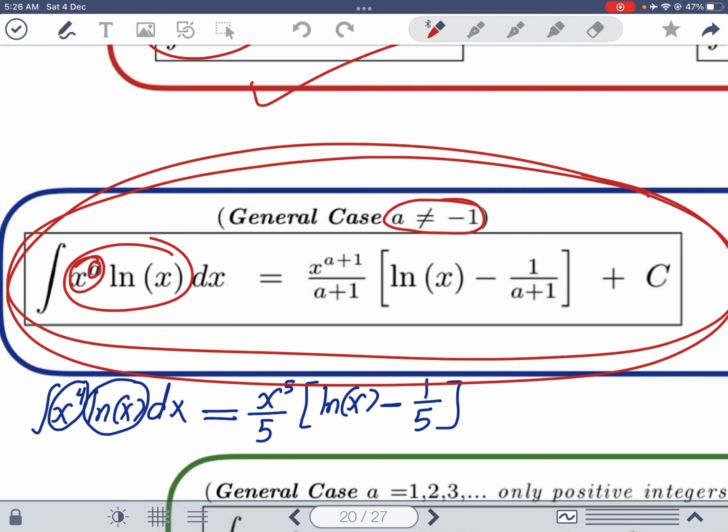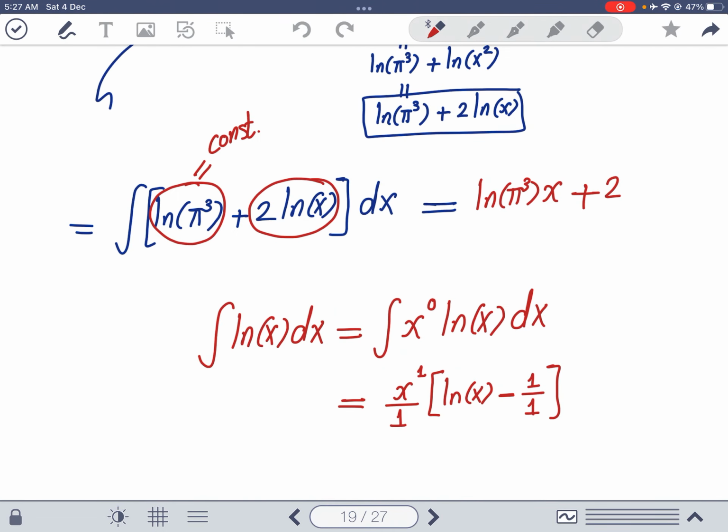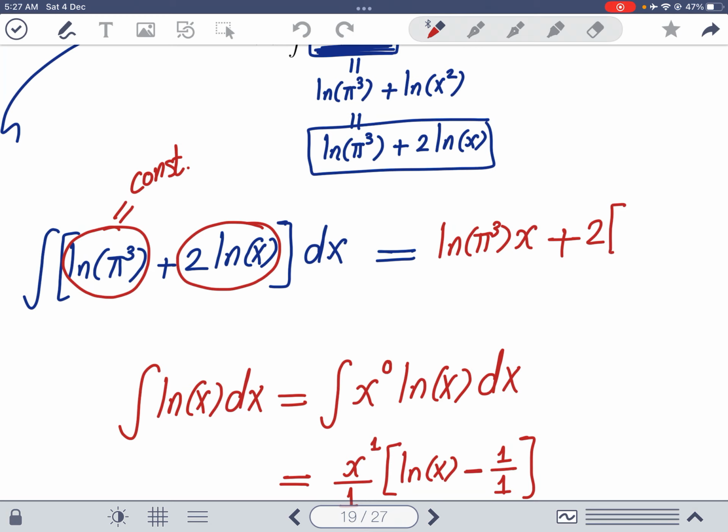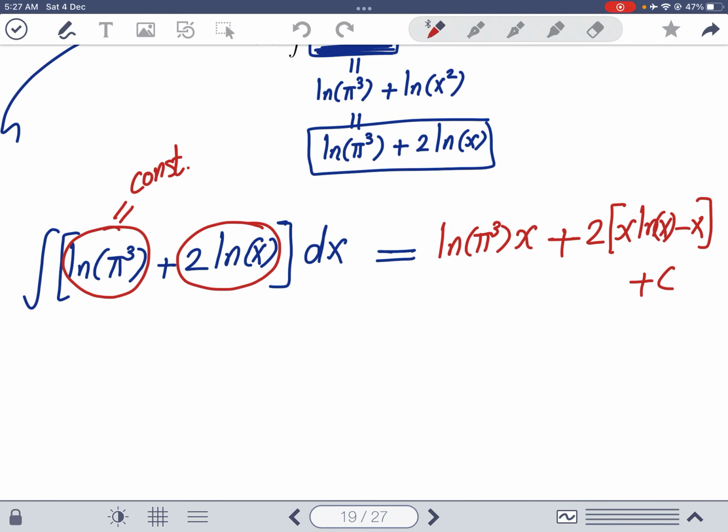So if this a is 0, it's also okay. X to the power 0 is 1. So you get just ln x. And you just write it here. So plus 2, and then the integral of ln x is x ln x minus x. Then plus c.